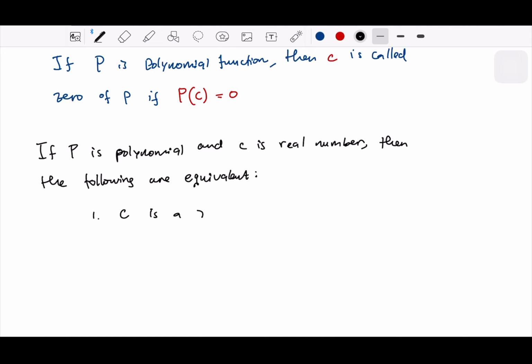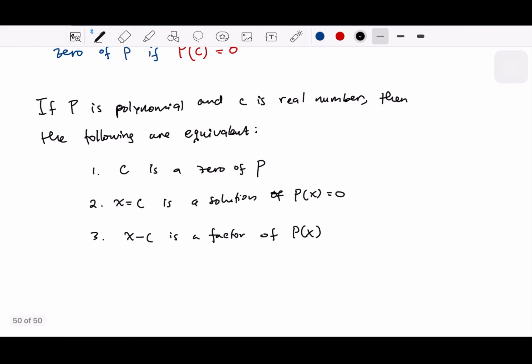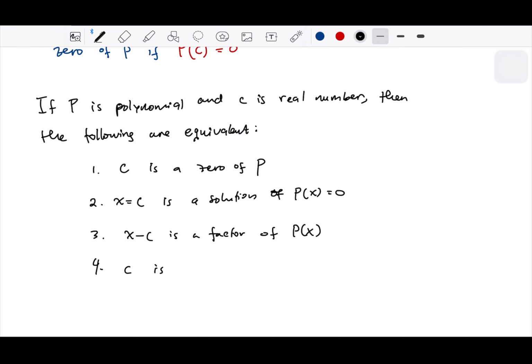C is a zero of P, and x equals C is a solution of P of x equals 0. x minus C is a factor of P of x, and C is the x-intercept of the graph of P. So these four are actually the same thing.